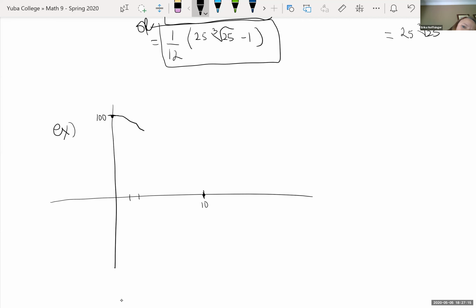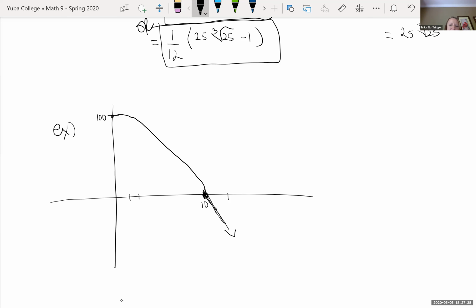Okay, something like that. And then you have another piece that falls, so this falls below the curve, like this.